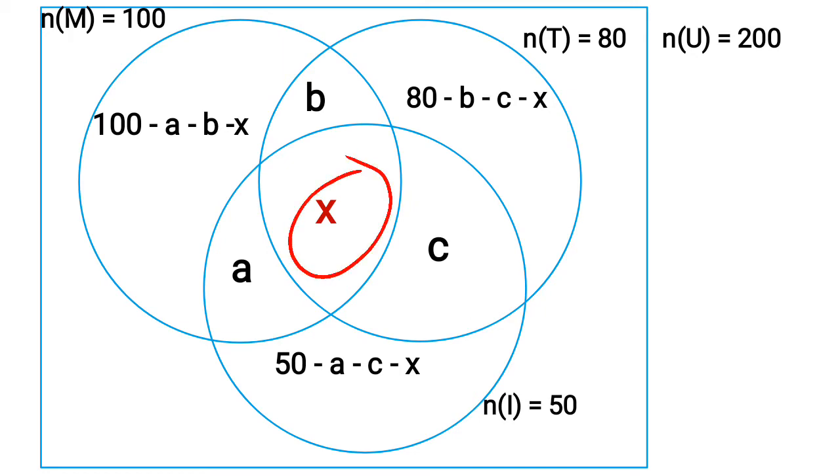The question says we should find those who complain of all 3 problems, all 3 disorders. Those who had all the 3 problems, who complain of all the 3 issues.